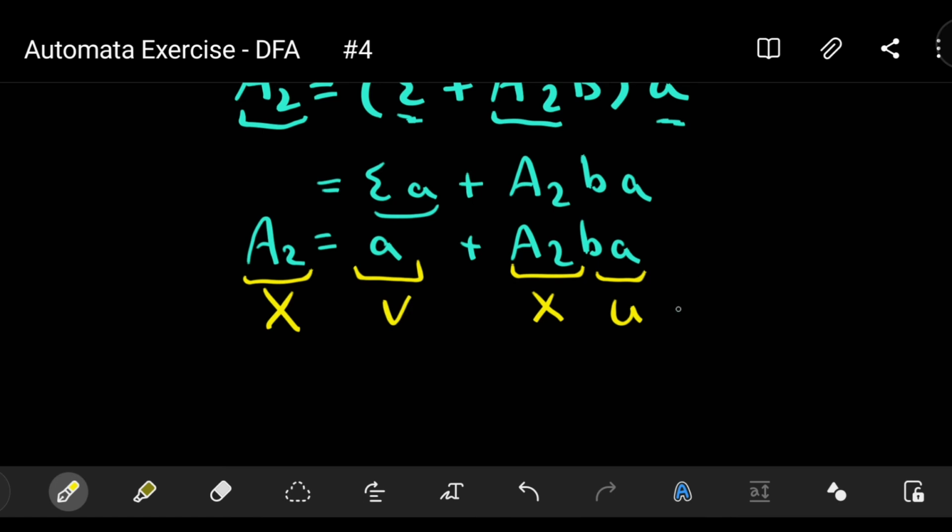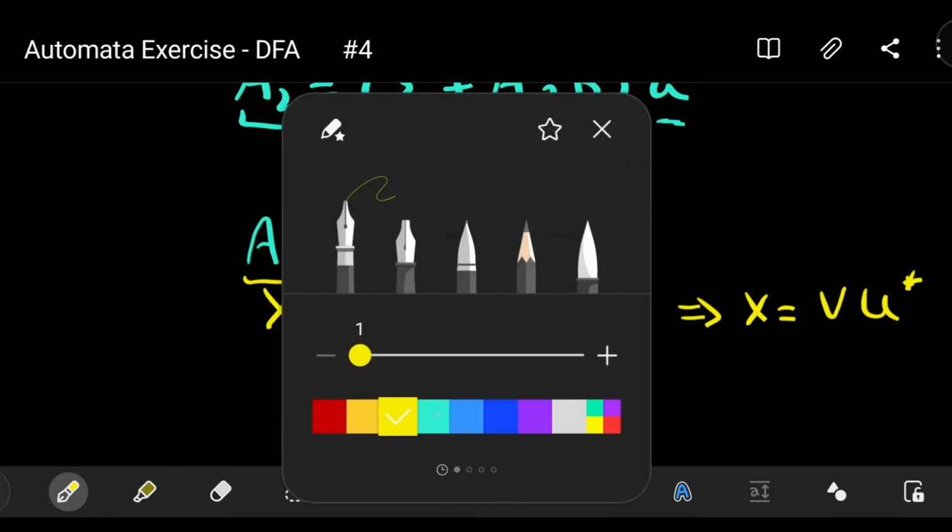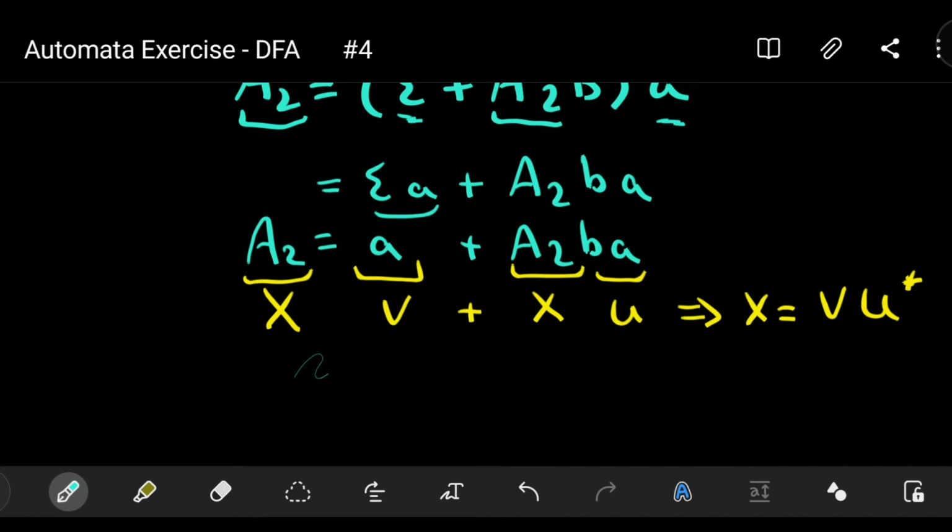So according to this equation, we can put X equal to v u star. Now let me substitute and execute this formula. Therefore, according to this formula, A2 will be equal to A, which is v, and u star, so BA star.